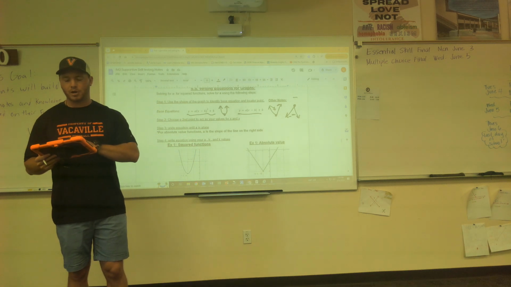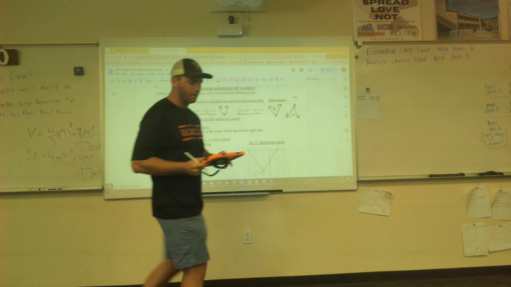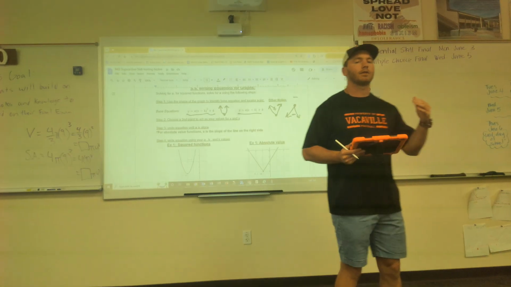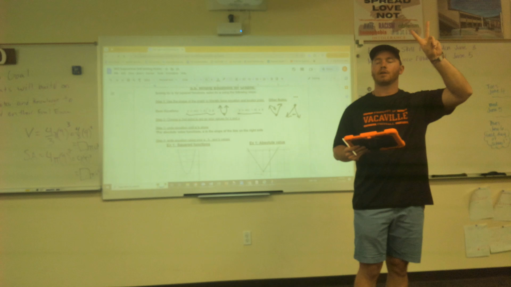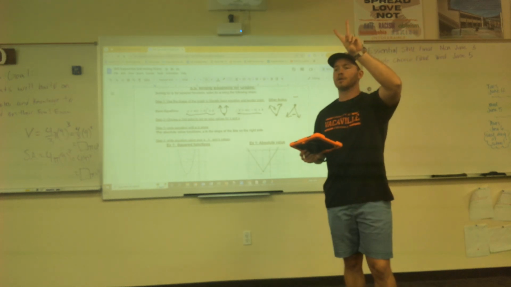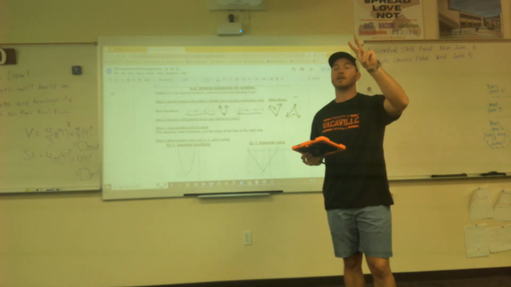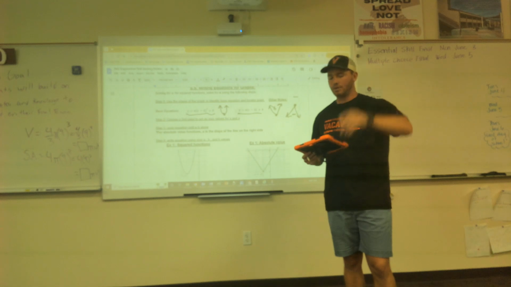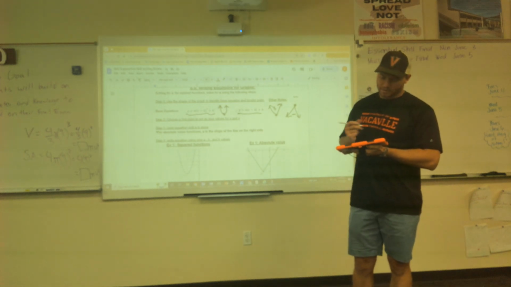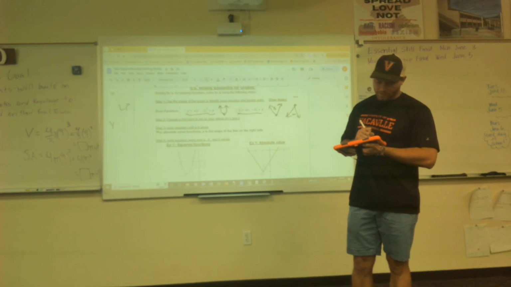So once you have your base equation and you choose a locator point, next, there are 2 different options. If you have your x squared, we need a second point. Why do we need a second point? Because let's say this is our locator point, 1, 2.